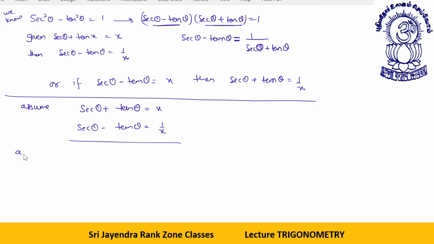If I add both of these, I get 2 sec theta is equal to x plus 1 by x, which is x square plus 1 by x. This is 2 sec theta. From here I can say sec theta is equal to x square plus 1 by 2x. One thing.